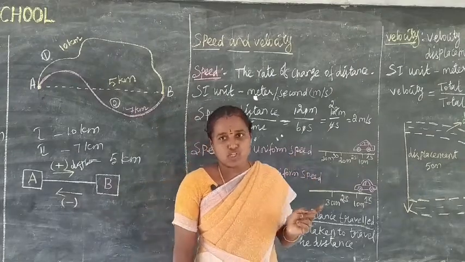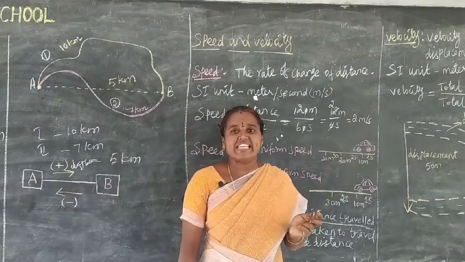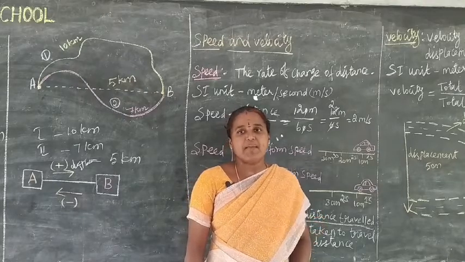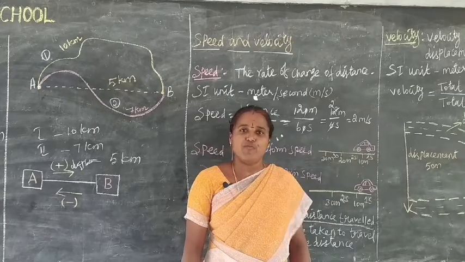If a body in motion covers equal distances in equal intervals of time, then the body is said to be in uniform speed.